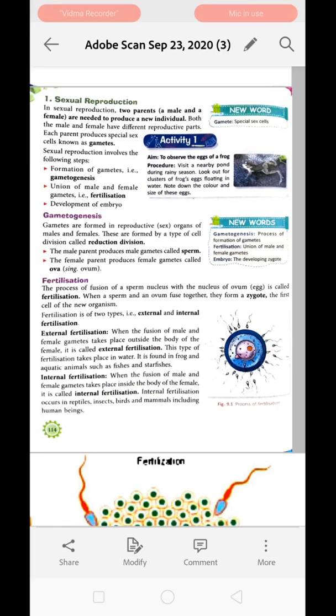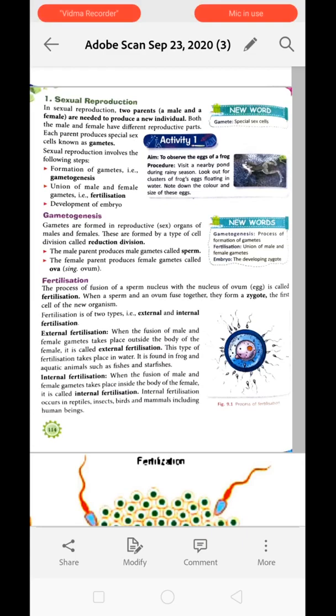For example, in humans we have 23 pairs of chromosomes. So a human sperm carries only 23 chromosomes, and an ovum of a woman carries 23 chromosomes. When they fuse together, they produce 23 pairs of chromosomes in the next individual.